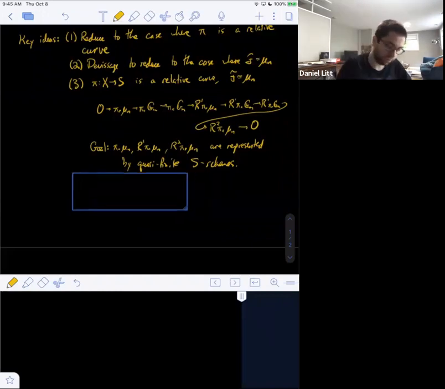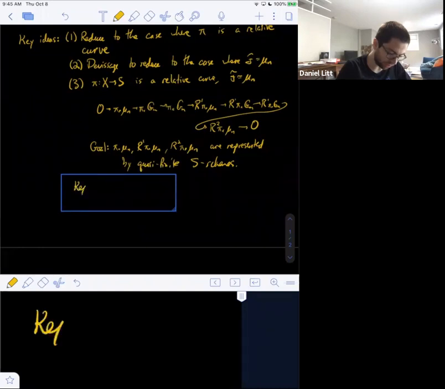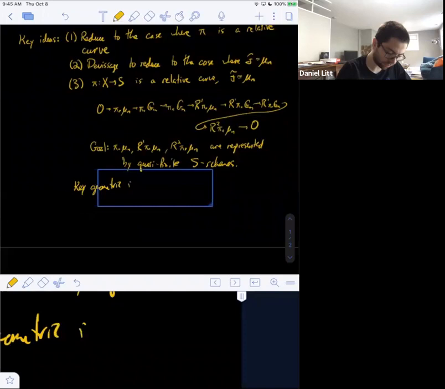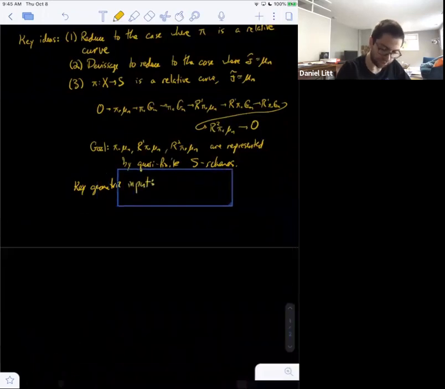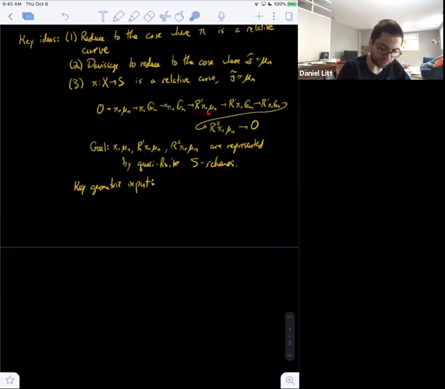So what's the key geometric input here? Somehow what's happening with R1 π lower star μ_n and R2 π lower star μ_n can be written in terms of the sheaf R1 π lower star G_m.